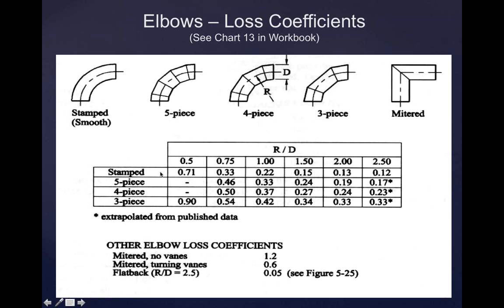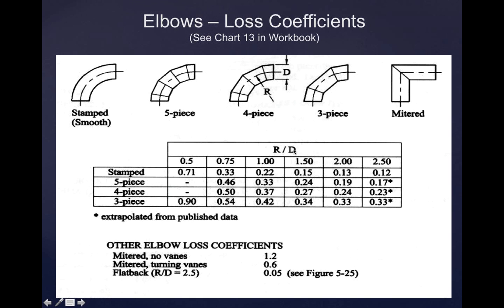So you have a smooth surface like PVC or something like that, and that's this first row. And then it gets progressively greater losses based on 5-section, 4-section, 3-section, because there are more abrupt turns. And the ratio of the radius to the diameter of the ductwork in feet again also impacts the rate of flow. So you just combine these two.